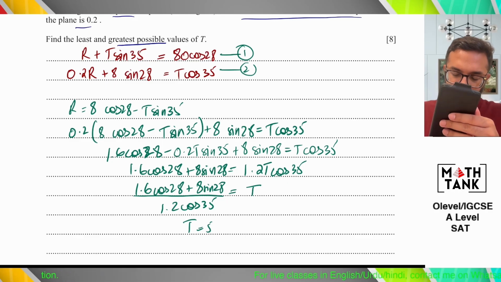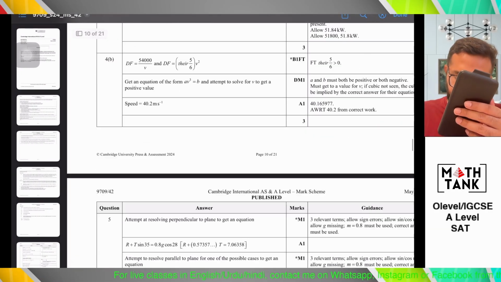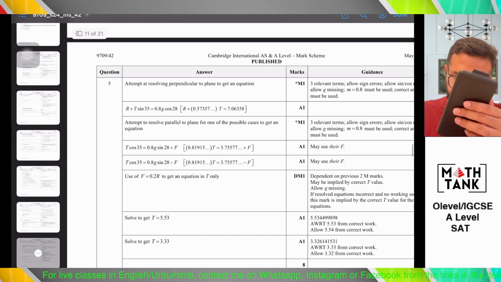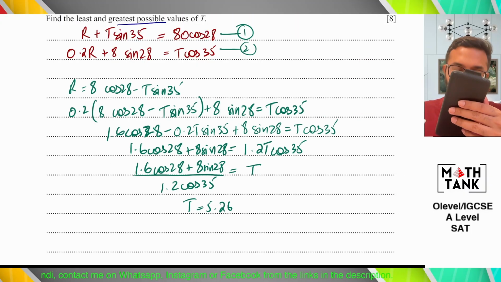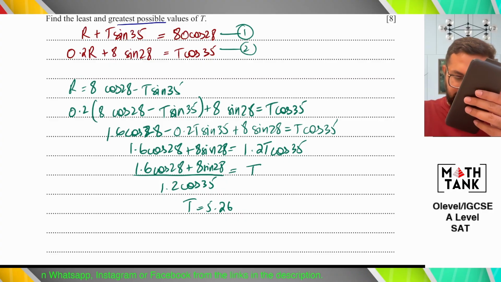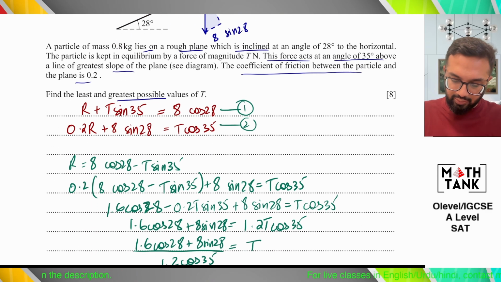5.26. Like if that's one of the values where we know if we're doing it correctly. No, I've made some error. 0.6 or t sine 35. Oh, this 8 as well.